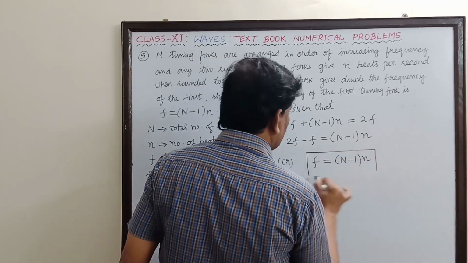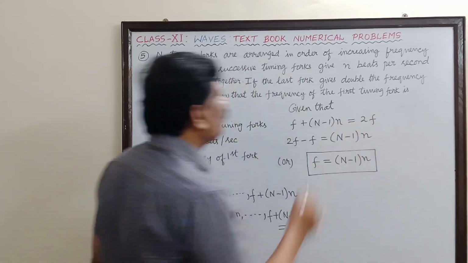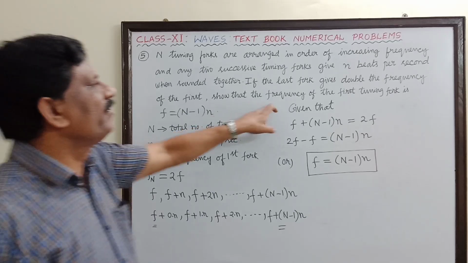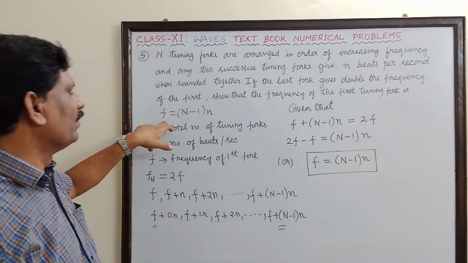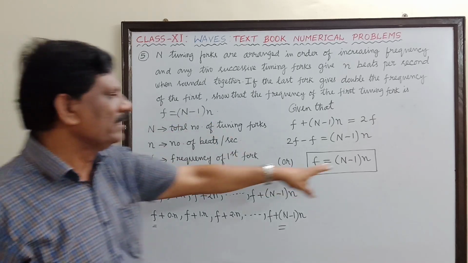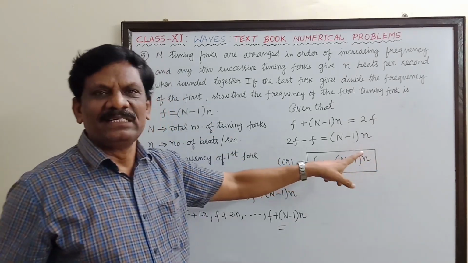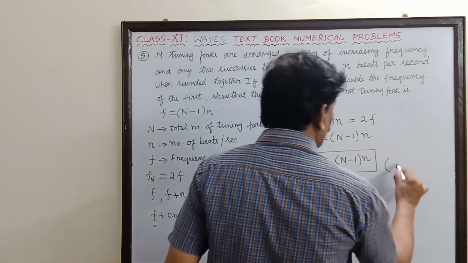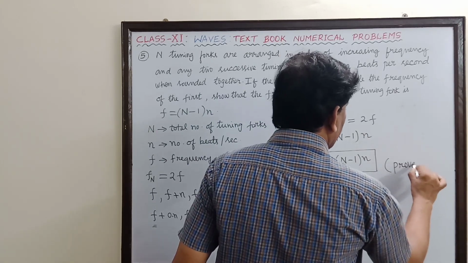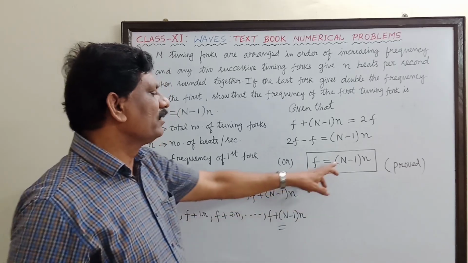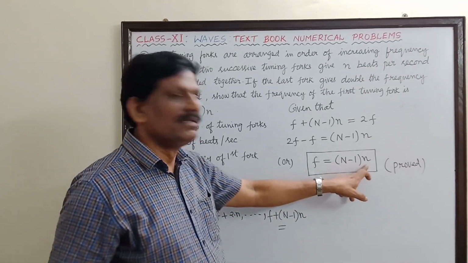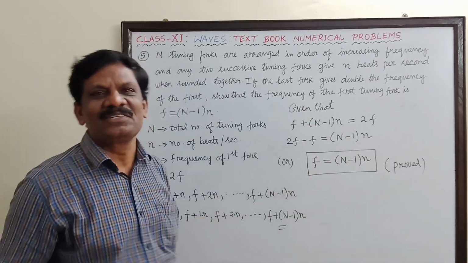This is what we are supposed to prove here: show that the frequency of the first tuning fork is f equal to (N minus 1) into n. Understand that? So we have proved that the frequency of the first tuning fork f is equal to (N minus 1) into n. I hope you must have understood well. Fine.